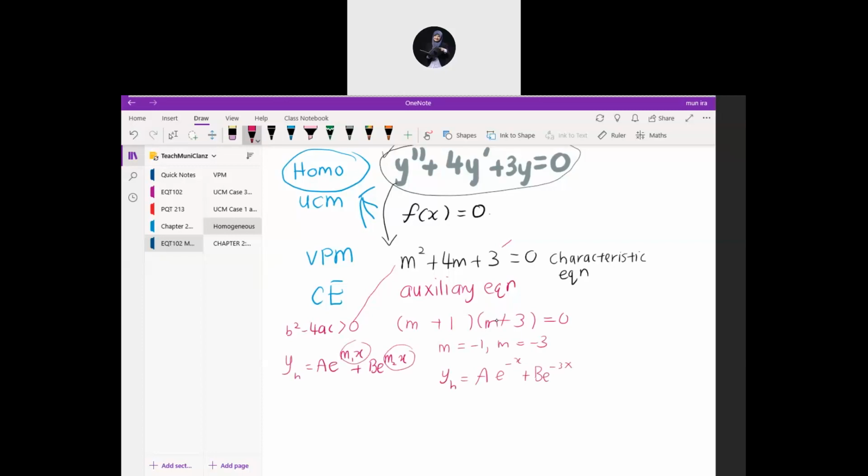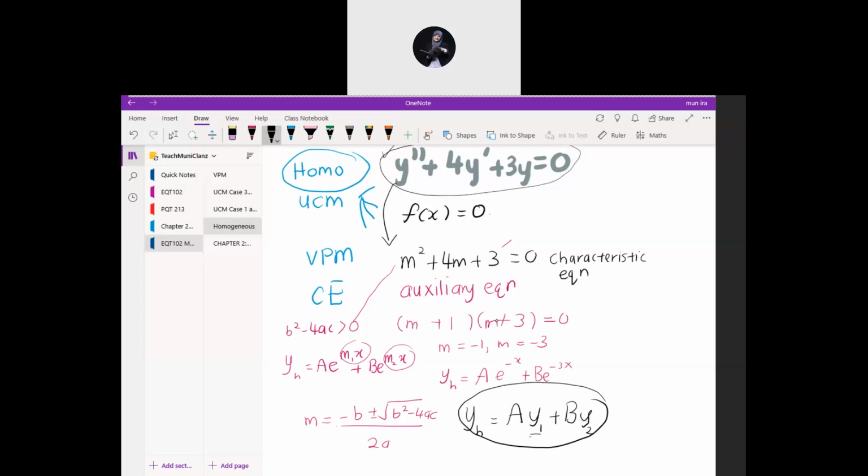So this is the homogeneous solution. If we have b square minus 4ac less than 0, please always use the formula of finding the roots. This one. Okay? And I want you to understand that the solution of yh will always be a y1 plus b y2.